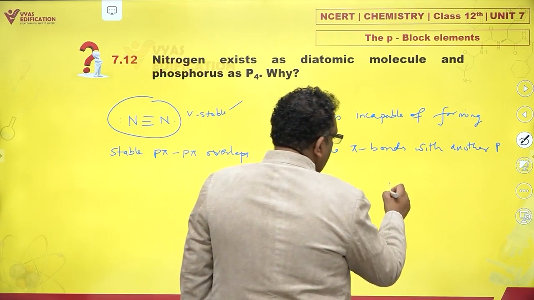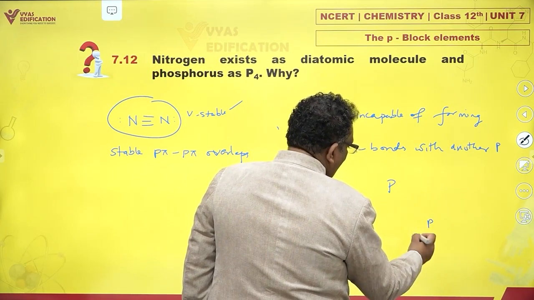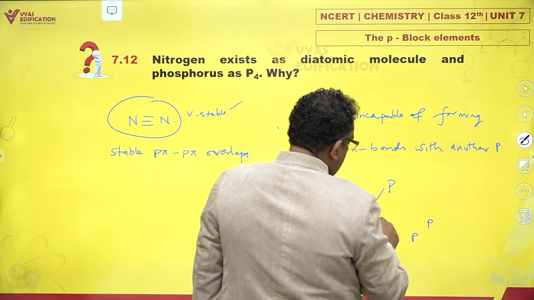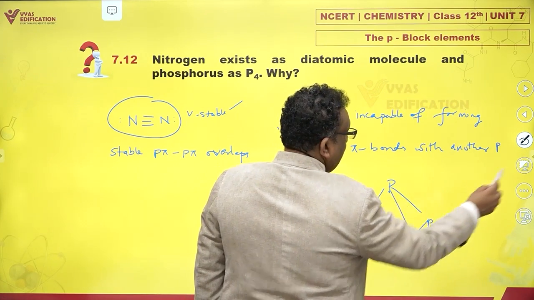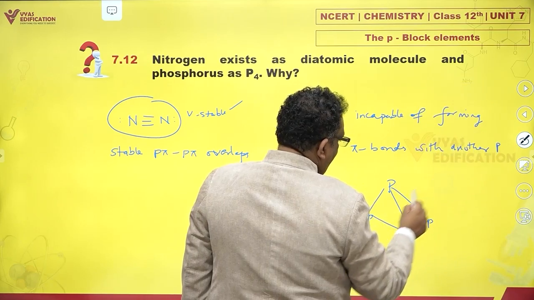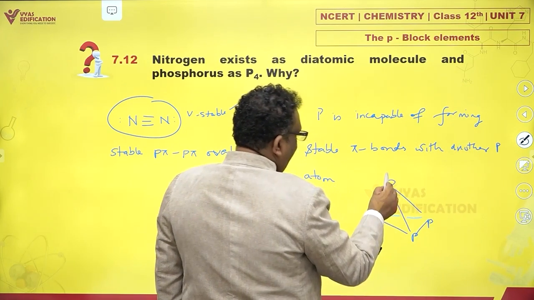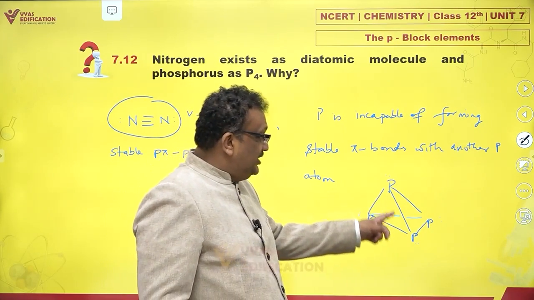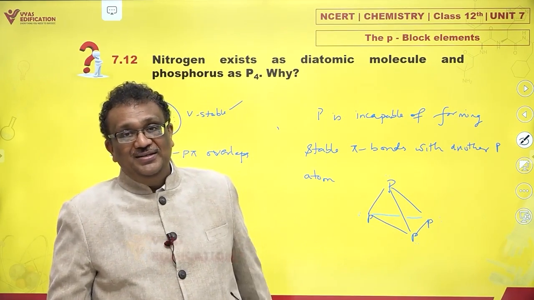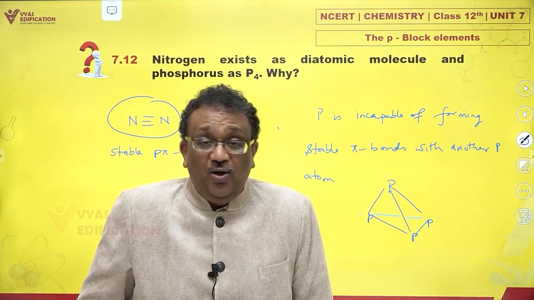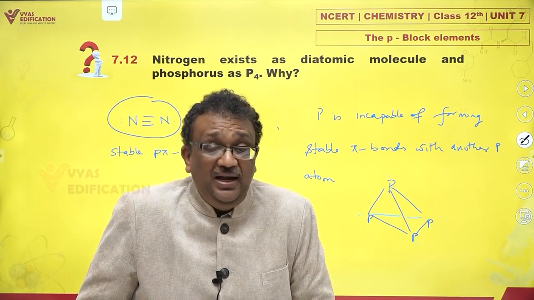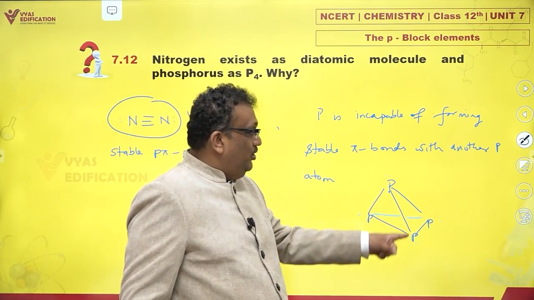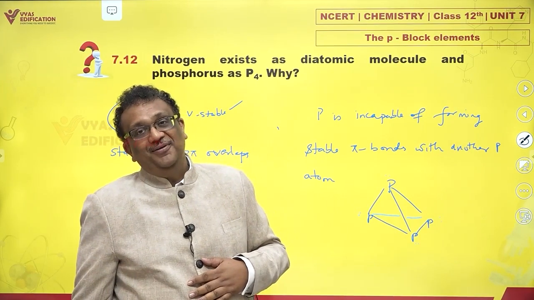On the other hand, if you have 4 phosphorus atoms like this, and if these can be joined like this, each phosphorus has formed 3 bonds. The valency is satisfied, octet is complete, and in addition, there is no need for forming any pi bond.